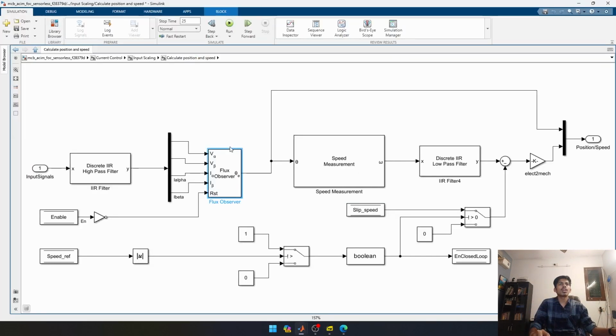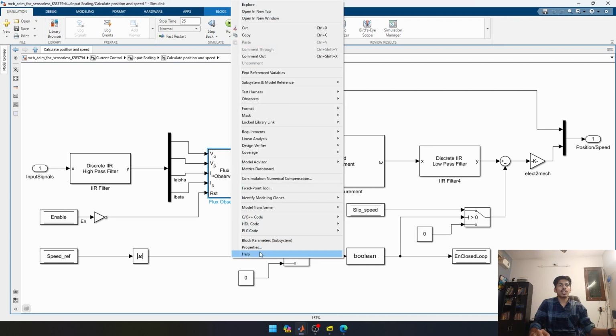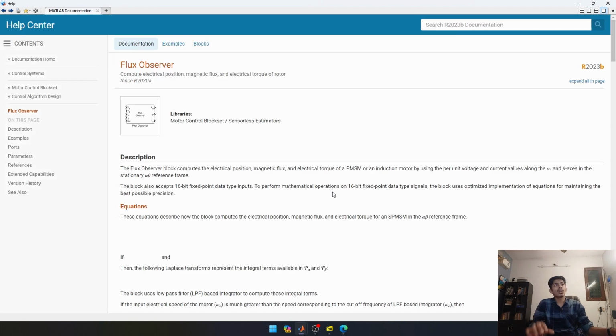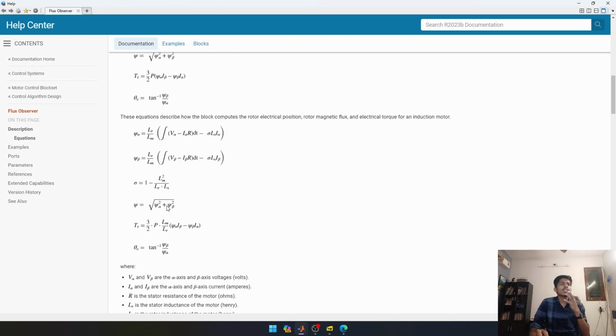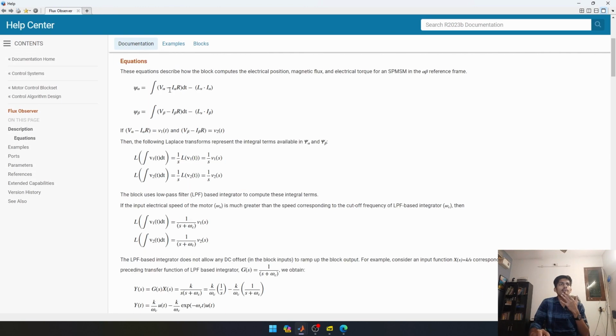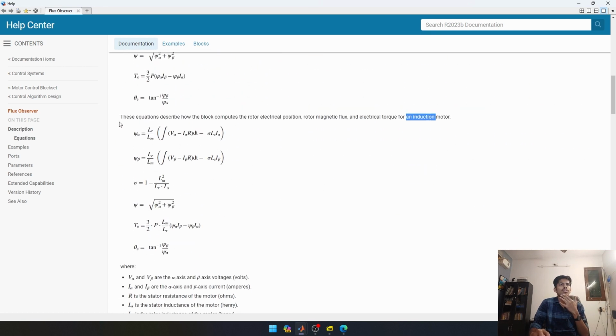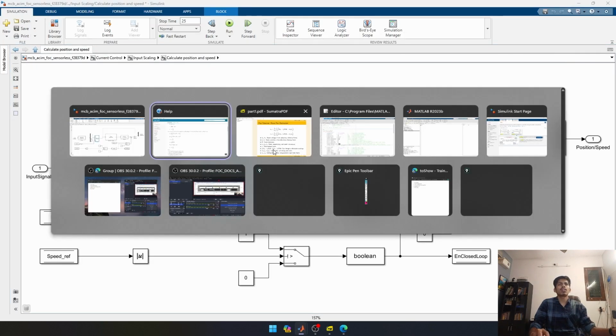Or, if you right click on the block and press help, it will open the documentation of the flux observer, where you can see all the equations for PMSM, and for the induction motor here it is. These are the equations. I took the equations from here.